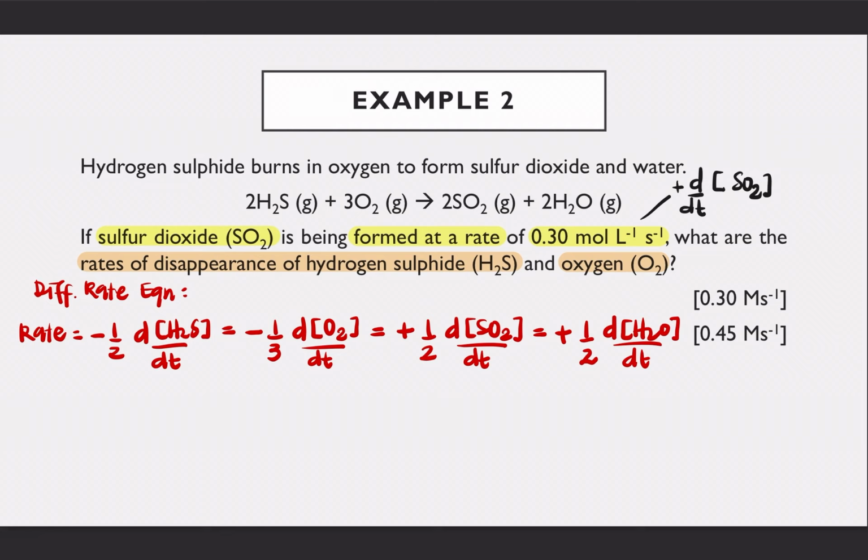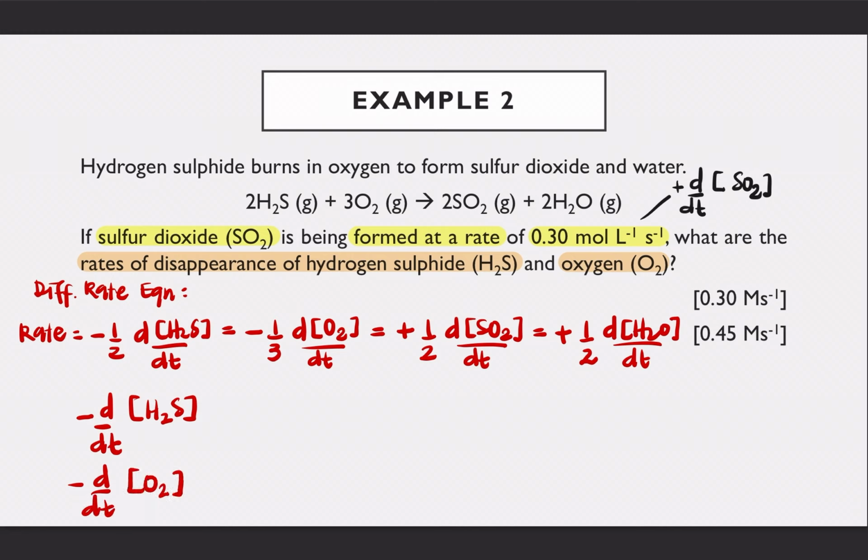Okay, what are the rate of disappearance of hydrogen sulfide, H2S and oxygen? So that means you need to find the rate of disappearance, maksudnya negative d over dt for H2S and negative d over dt for oxygen.